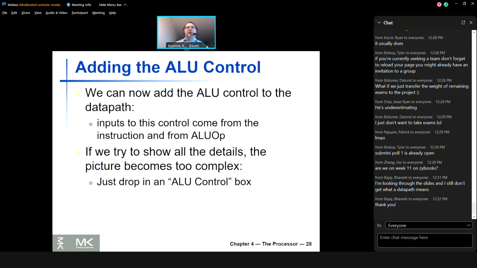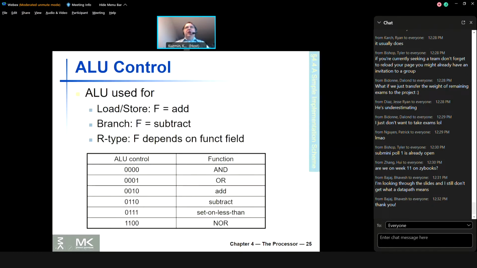So ALU control is the control signals that are going to be used to control the ALU, and this is something that we talked about in the previous slides. We have this ALU control that is used to determine the function that we want our ALU to perform.